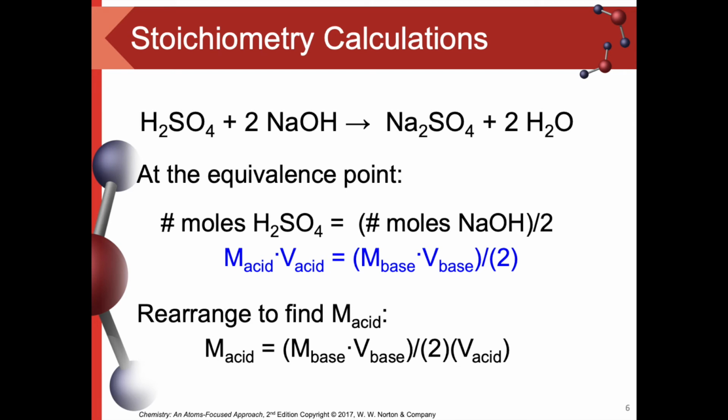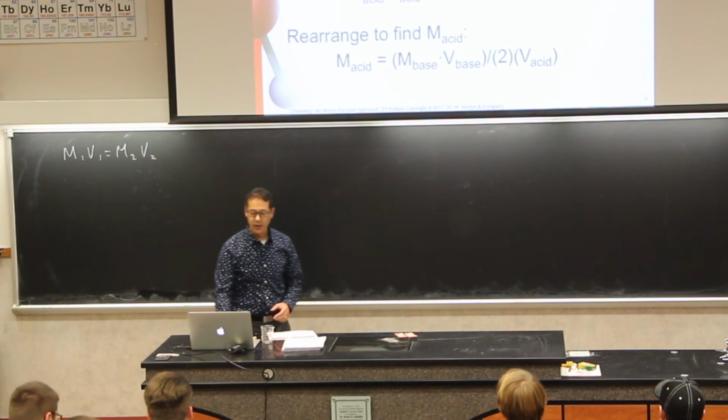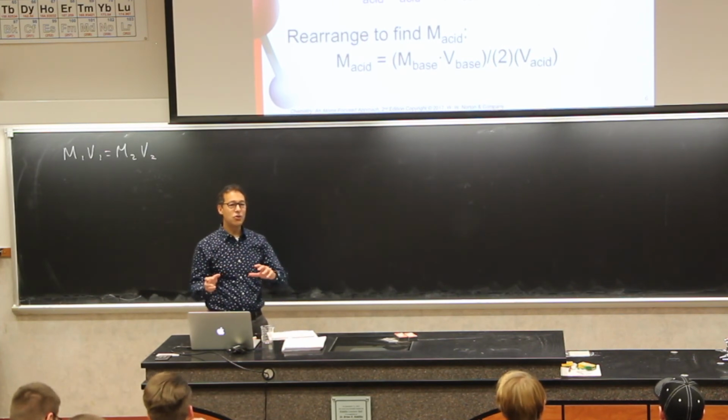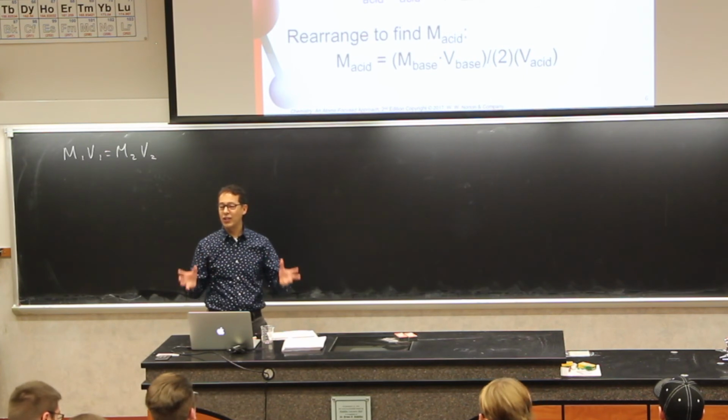Now, the nifty thing about all of this is the number of moles are equal to each other. And we've seen this equation where we have M1V1 is equal to M2V2. And this is because the number of moles are equal to each other. So theoretically, when we add an acid and a base together and you neutralize each other, you get to pH 7.